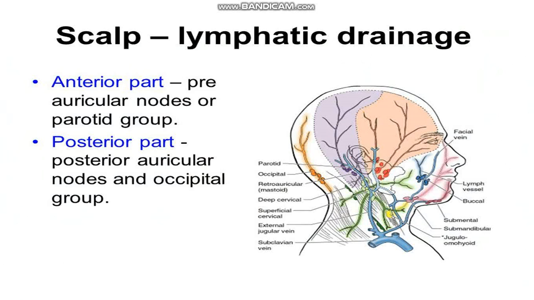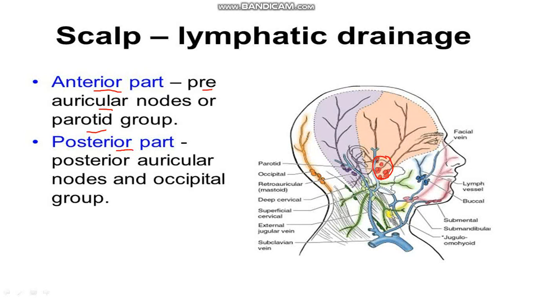This is about the lymphatic drainage. The scalp lymphatic drainage is divided into two parts, anterior part and posterior part. The anterior part of the scalp is drained by the pre-auricular node or parotid group. You can see the parotid group here.